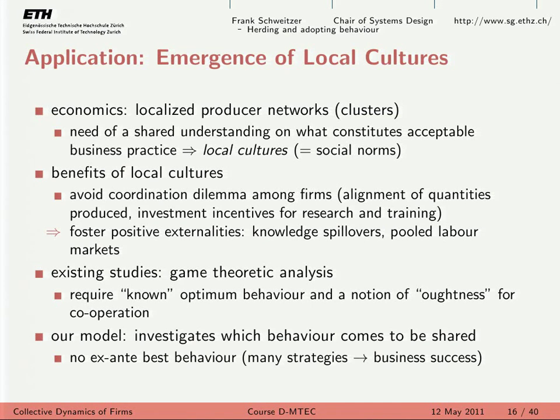But in general, I want to emphasize in particular this last part where we talk about existing studies that focus on a game theoretical analysis. What does it mean? It means this usual prisoner's dilemma that you have in order to establish cooperation, right? You probably know this from other lectures.